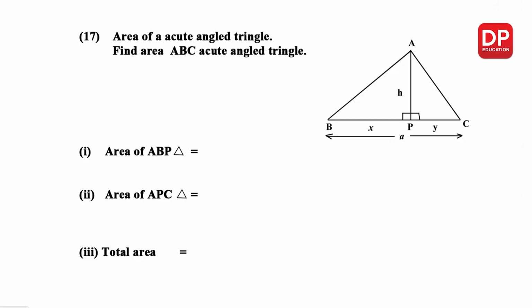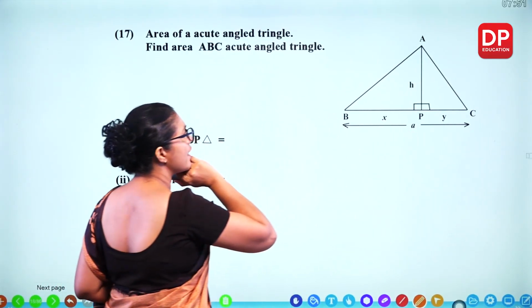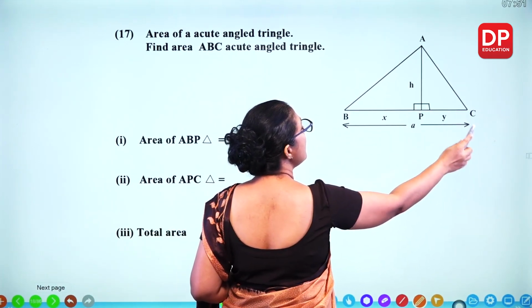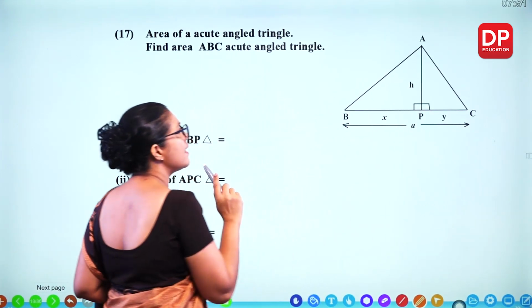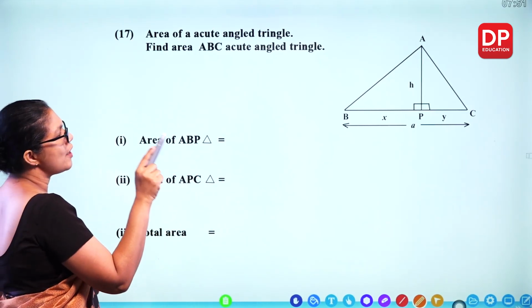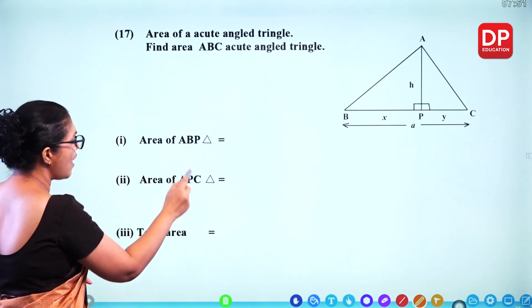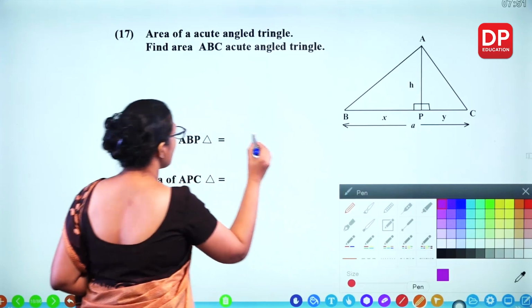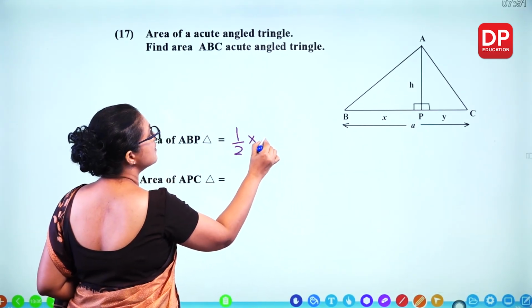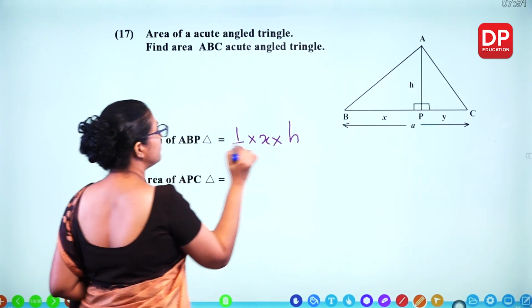Now we'll take a general formula. Think about this acute angle triangle. This length is x, this is y and the total length is a. The perpendicular height is h. You need to find the area of triangle ABC. What's the area of triangle ABP? Half into base x and perpendicular height h.